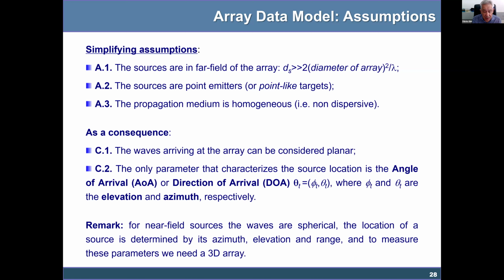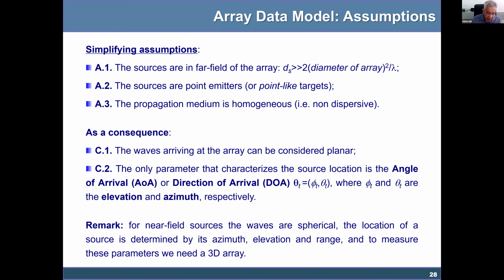You can only estimate what is called the angle of arrival or direction of arrival. And this quantity is basically formed by two angles, the elevation and the azimuth. So the direction of arrival consists of the elevation and the azimuth.